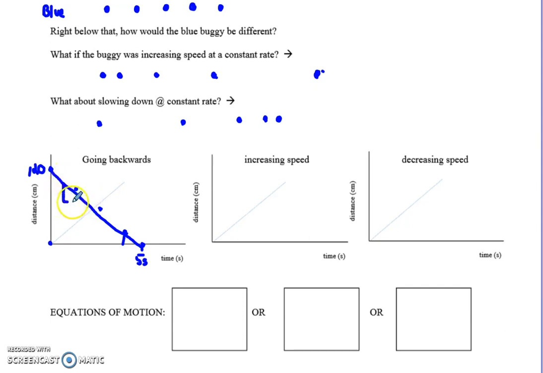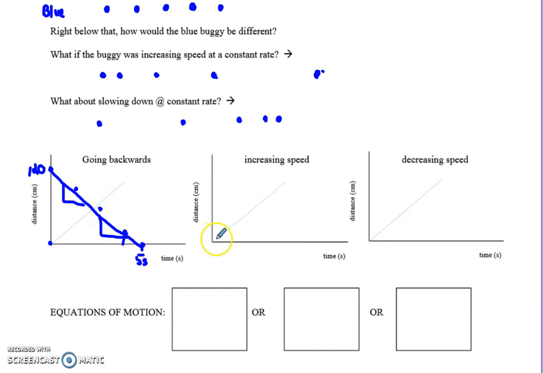If I find the slope here and the slope there, my slope stays the same, it's just negative. So by definition we have what we call a negative velocity, which just means, in our simplest case, it's going at some speed in the opposite direction to the one we choose to be positive.